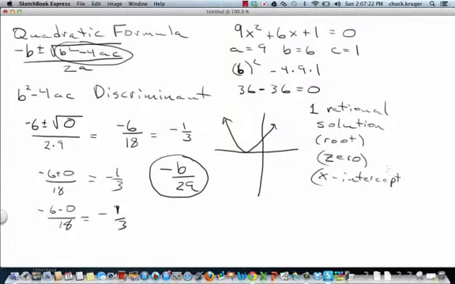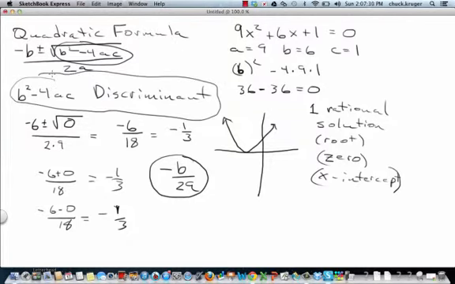So when your discriminant equals 0, when this b squared minus 4ac equals 0, it means you have only one solution, and it's a rational solution. All right, let's take a look at another one.